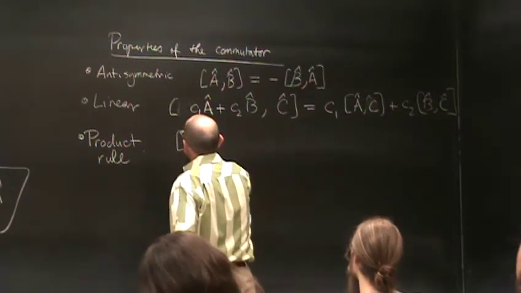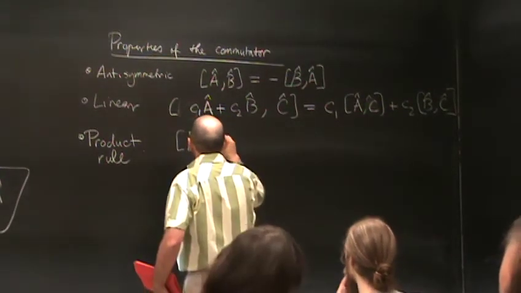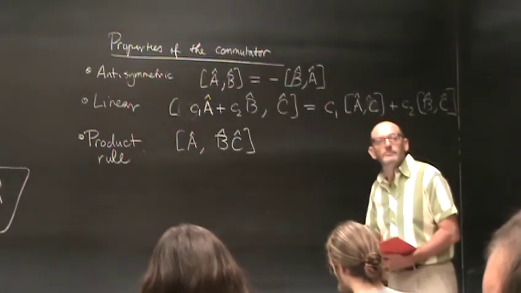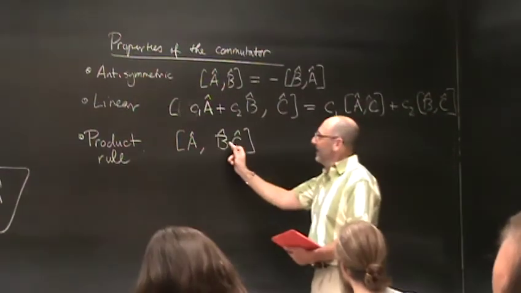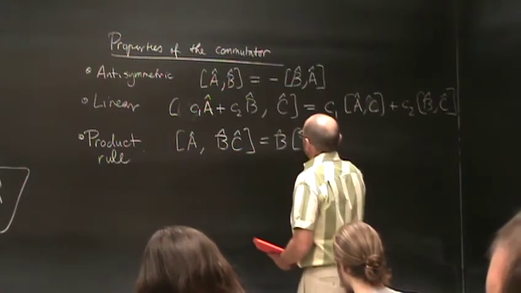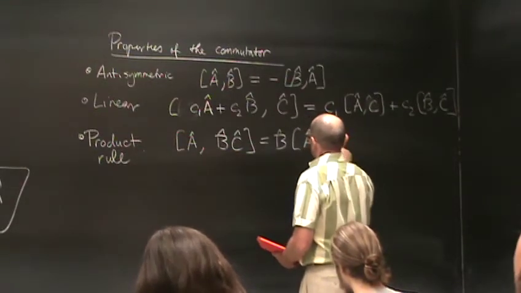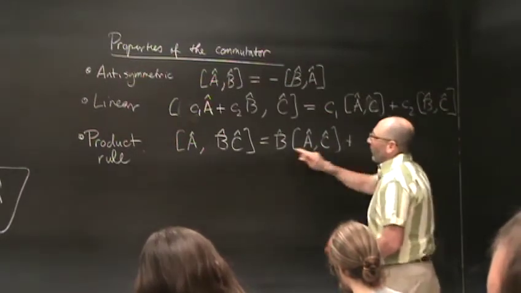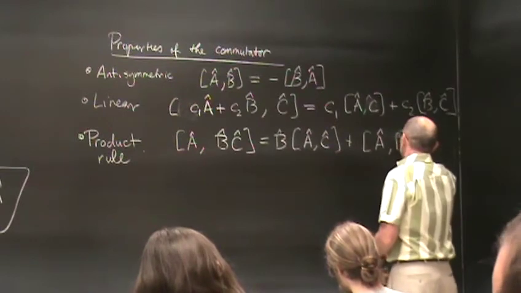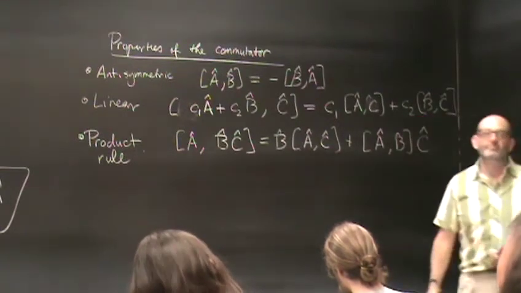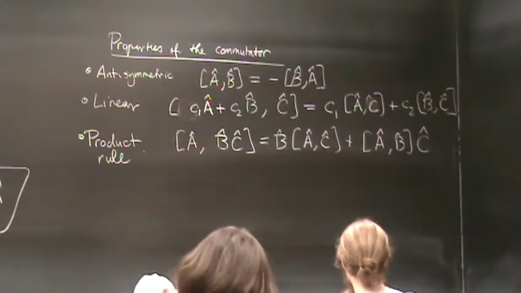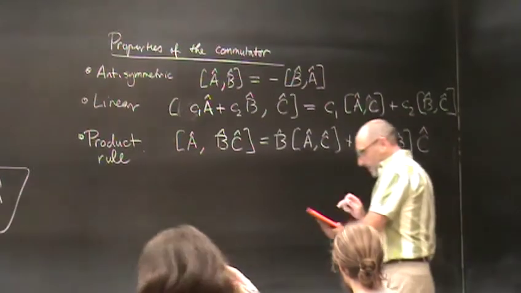So if I have the commutator of A with the product of two operators, then what I do is bring that guy out and commute A with C and multiply that, or bring this guy out. But be careful, you've got to put it in the right order, because generally they don't commute. Alrighty.